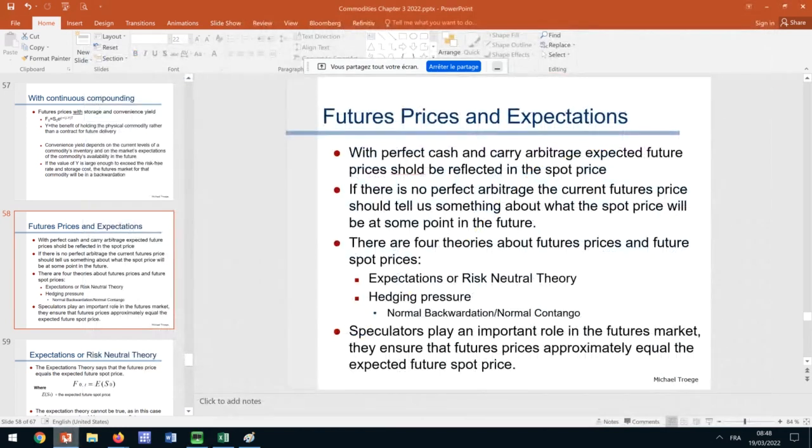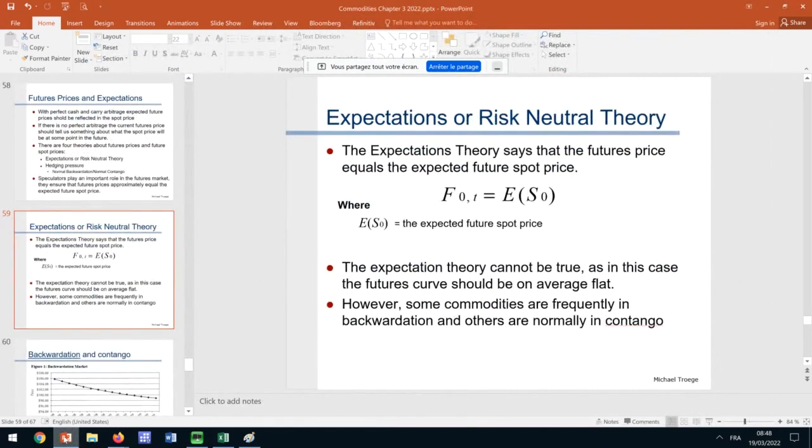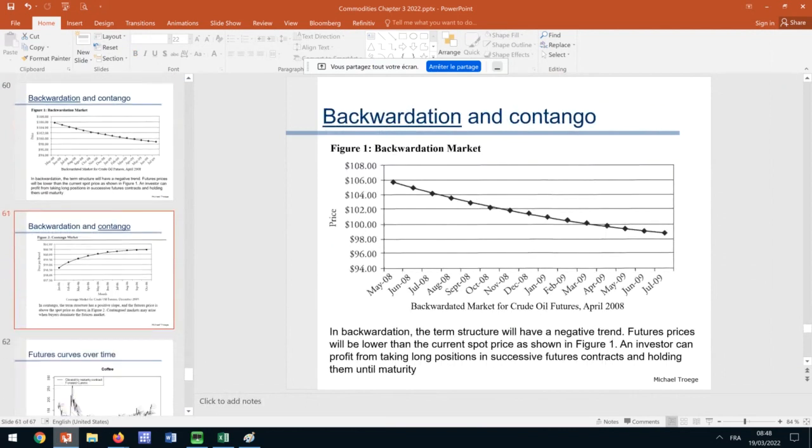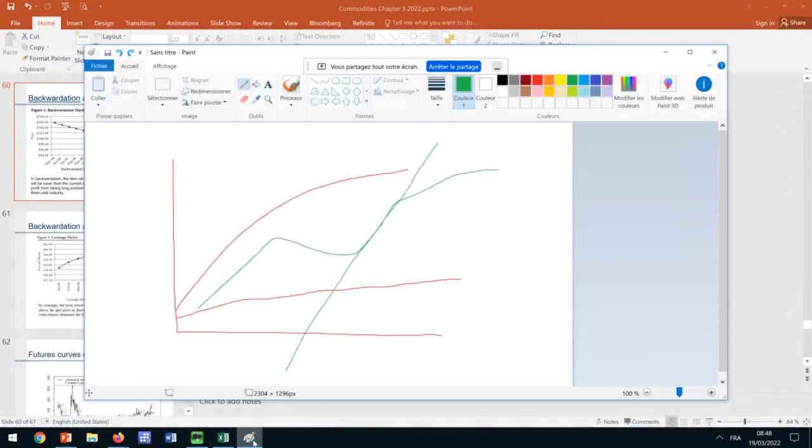So what is going on in between these two boundaries? In particular, why are many markets in backwardation? Normally interest rates and other storage costs would always increase the slope. If you're only considering interest rates and storage costs, then you always have a positive cost of carry, and then you should see an upward sloping curve.